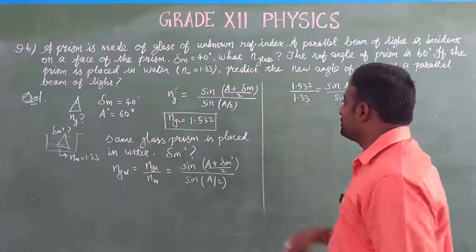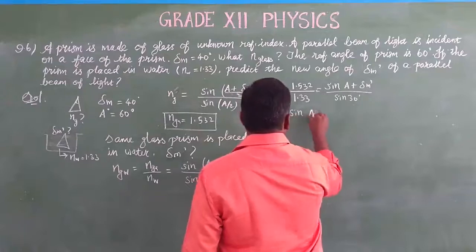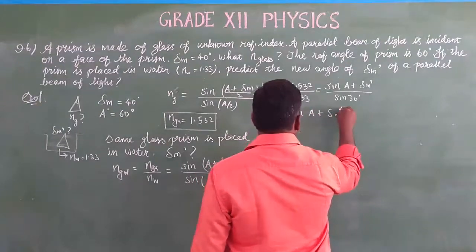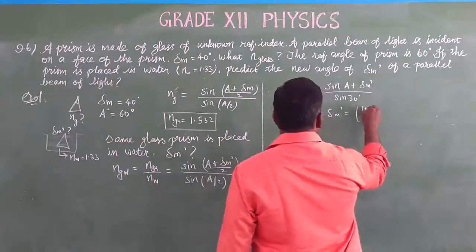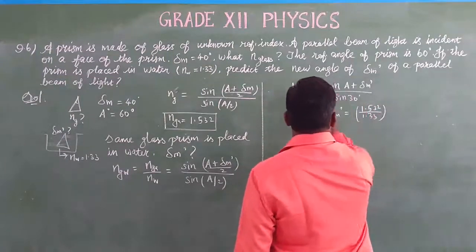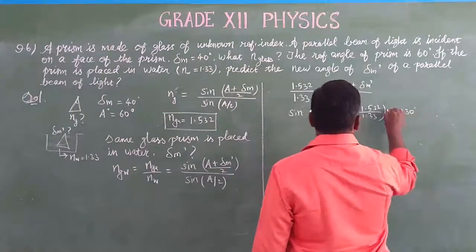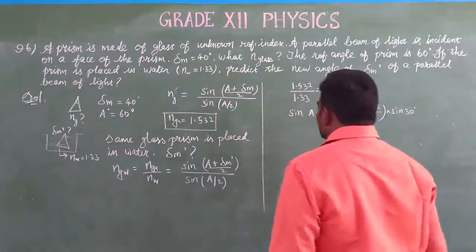So do a cross multiplication. What will you get? Sine A plus delta m dash is equal to 1.532 divided by 1.33, where the denominator is multiplied into sine 30 degrees.